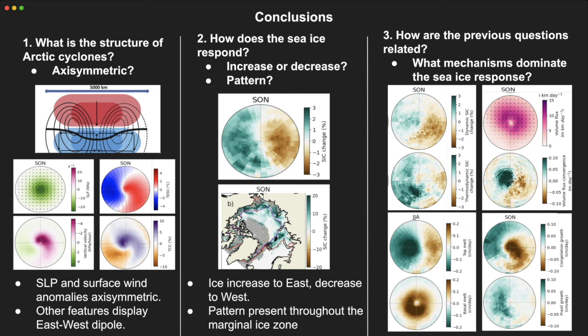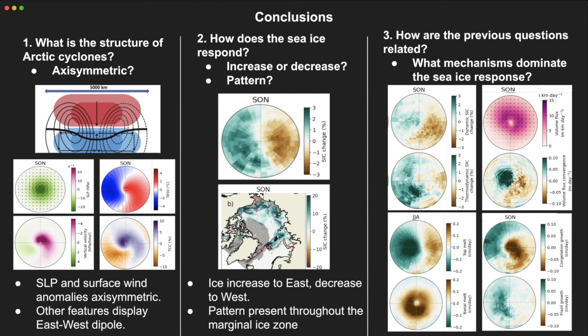Okay, next question we wanted to address: how does the sea ice respond to Arctic cyclones? The key thing is that we've got this east versus west pattern of how the sea ice responds. You gain sea ice anomaly to the west of cyclones, and you lose sea ice anomaly anomalously to the east of cyclones. And this pattern occurs throughout the marginal ice zone.